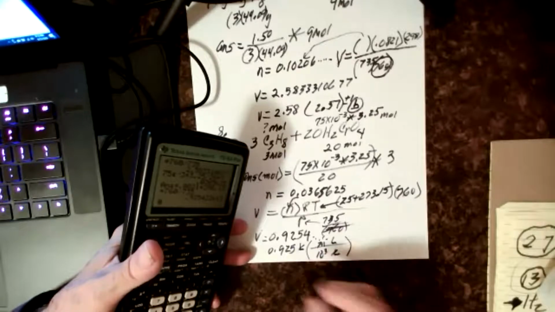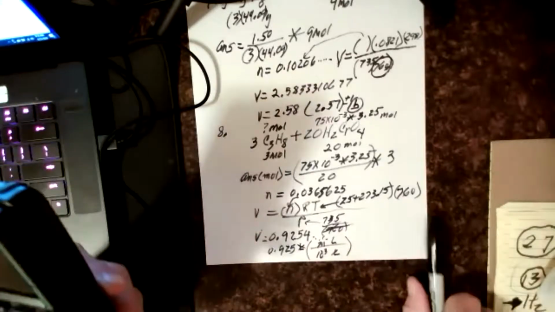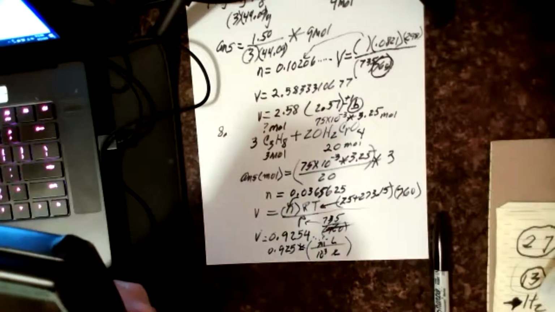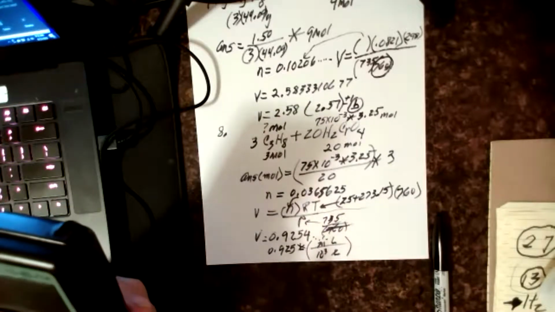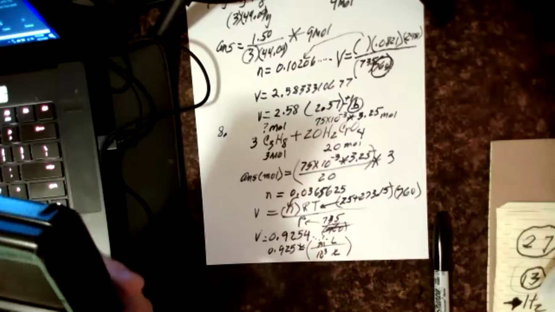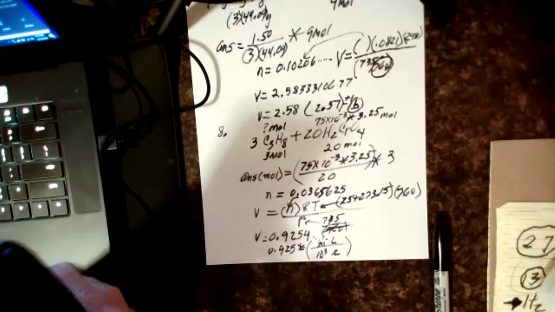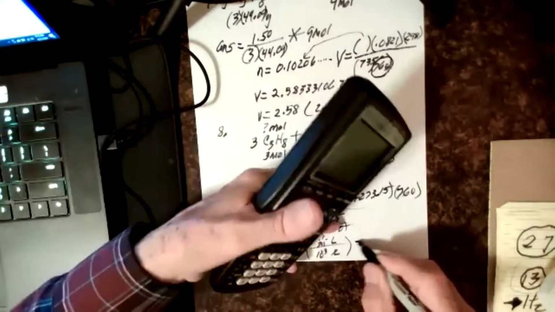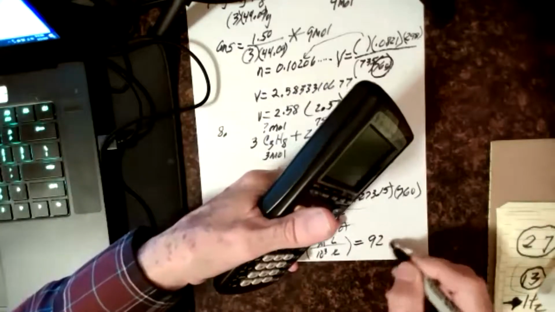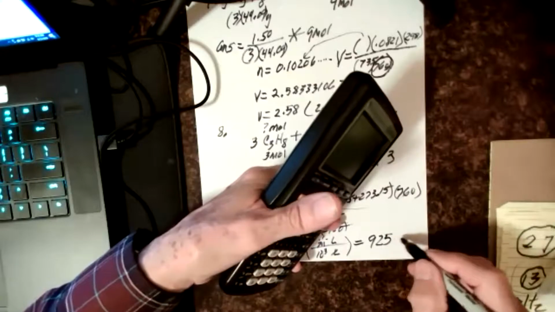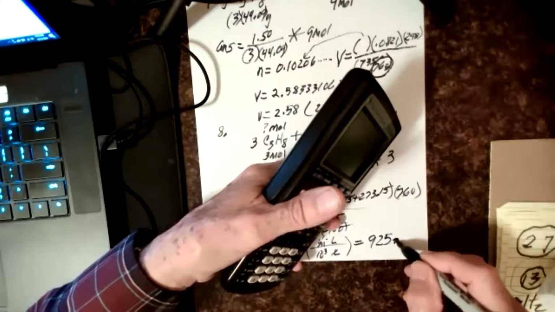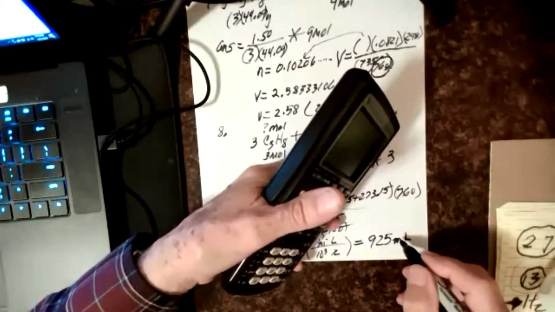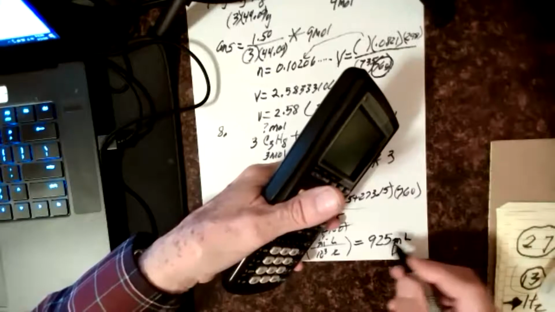So I want to divide my answer by 10 to the negative 3. And I get 925.4. So that comes out to be 925 milliliters rounded to 3 sig figs. And that's response D on the exam.